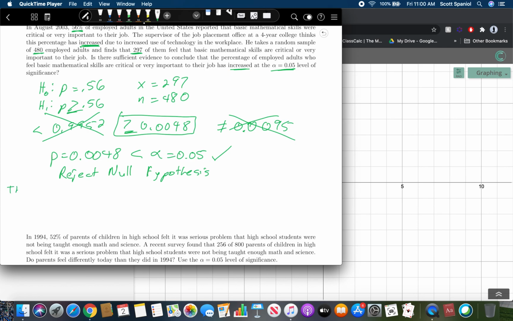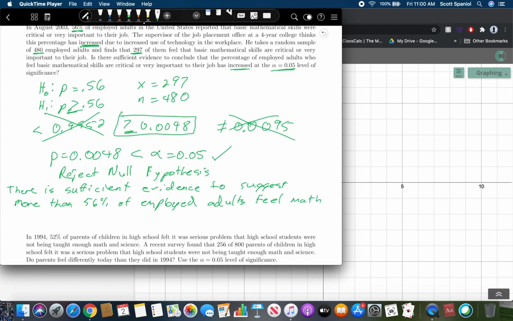So in this case, we can say there is sufficient evidence to suggest the alternative hypothesis, which in this case is to suggest more than 56% of employed adults feel basic math skills are critical or very important to their job.